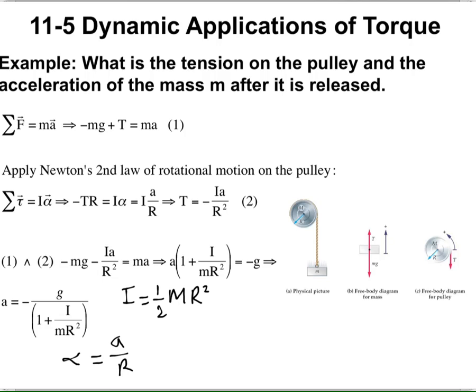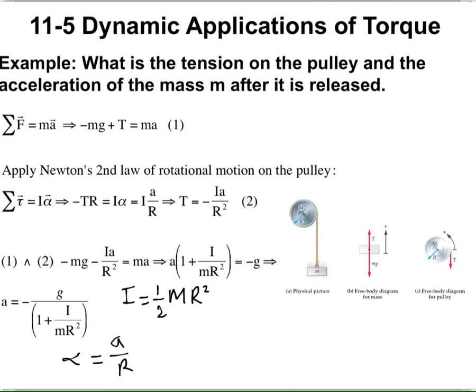But the direction of the motion of this object and the rotational direction must be consistent. If you choose upward direction as positive, then you have to choose this rotational direction as positive for the pulley.